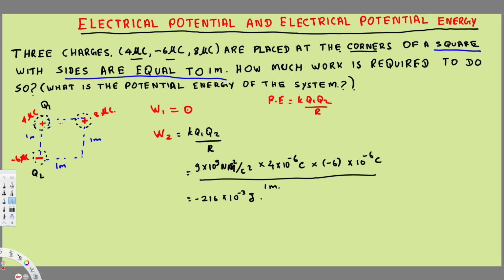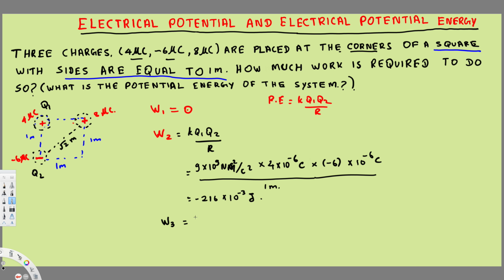So we had to know this distance too. Since this is 1 meter, this is 1 meter, we can use the Pythagorean theorem to find this distance. That's going to be root 2 meter. So work done when we place this charge is going to be related to these two charges, right?